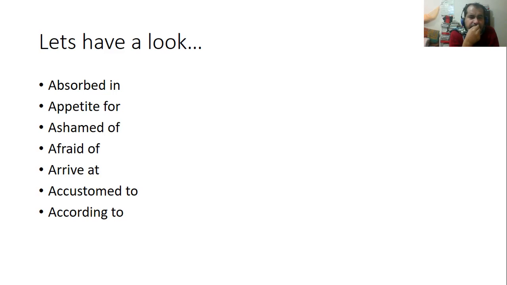Whenever we quote someone or make some very common quotations and we use the words according to, it is usually used for referencing somebody or somebody's work. According to Napoleon Bonaparte, this is this, etc. So according to is a very commonly used preposition, and you should all know this.